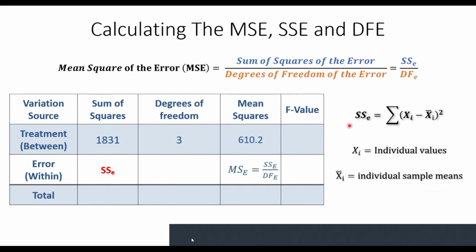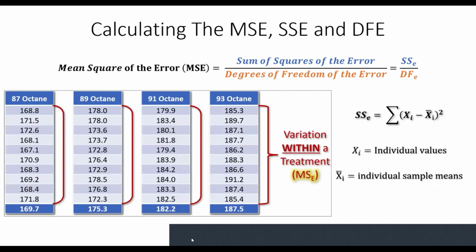Now, here's that calculation for the sum of squares of the error. Again, what we're doing here is comparing each individual observation against the mean value from that treatment group. I want to go back to the data set to make sure you understand this calculation. For example, we would compare 185.3 against 187.5, 189.7 against 187.5. For these data points, we would compare each of these individual values against the treatment average, 182.2.